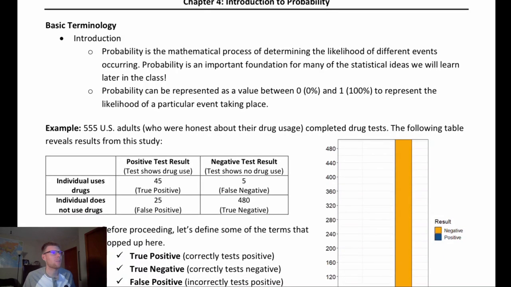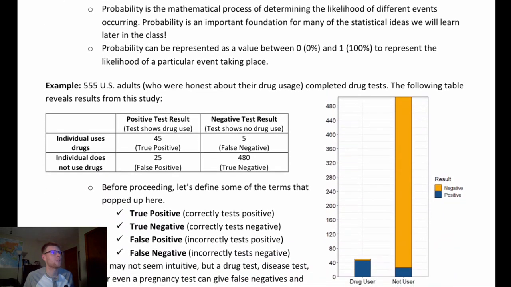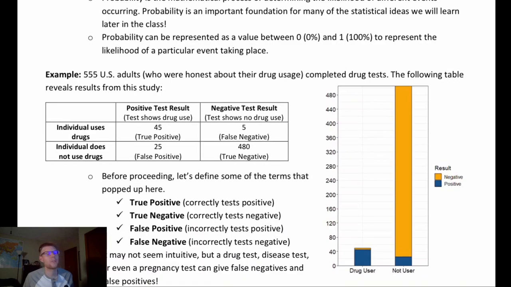So here's an example where we have a drug test. We're looking at results of a drug test. So maybe if you're being employed by a new company, maybe you're entering an athletic competition like the Olympics or some other important competition, you might take a drug test.